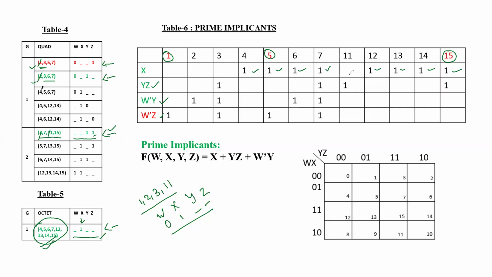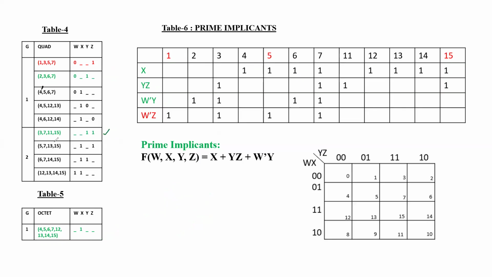That we kept blank. Now again we look for this one. Here what we have? What are the min terms here for the YZ implicant? We have 3, 7, 11, 15. Similarly for the next one, again we'll look.